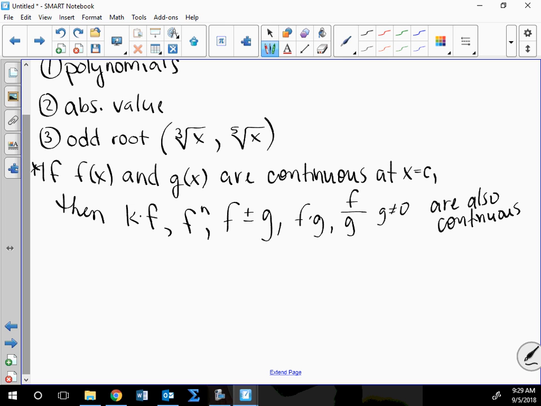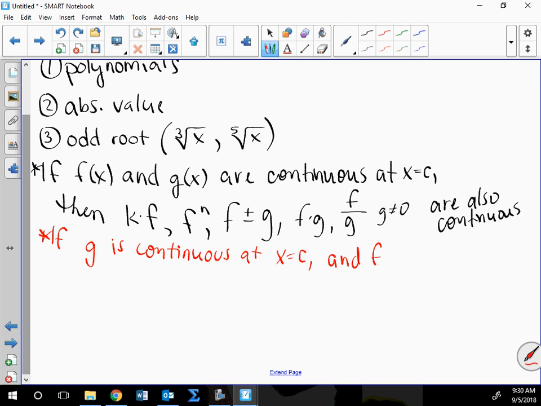And then we also deal a little bit with compositions. All right, so another note here is if g is continuous at x equal to c, and f is continuous at g of c, so we're doing composition here.